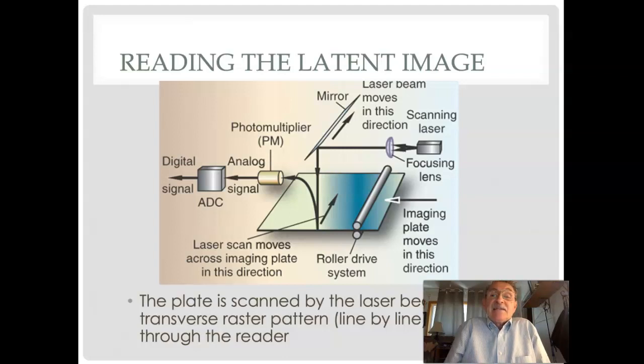Okay? As this laser beam releases the light, that light is captured by a photomultiplier tube, and that light intensity is representative of how much exposure that particular area of the plate got. Okay, so it may vary from a little bit of light to a lot of light, and that is captured in the photomultiplier tube as an analog signal.